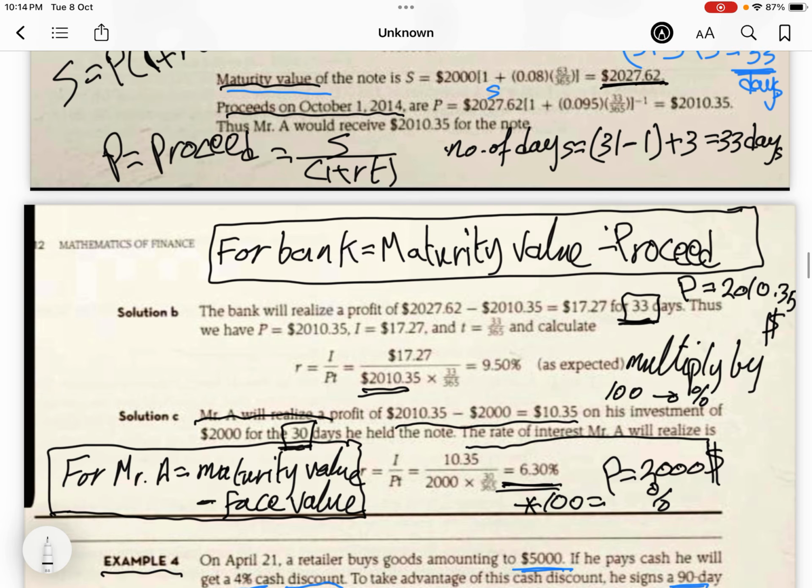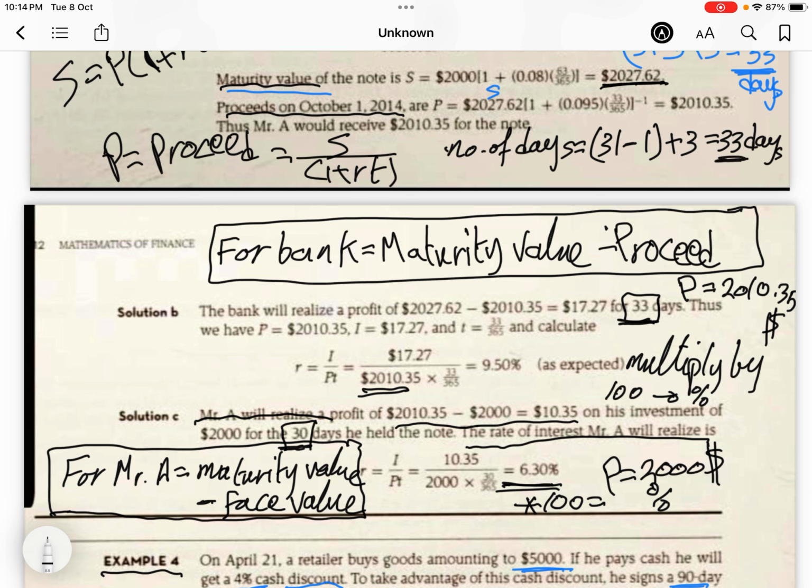Then you will have 2027.62 minus 2010.35, which is $17.27. For how many days? Discounted days, 33 days.